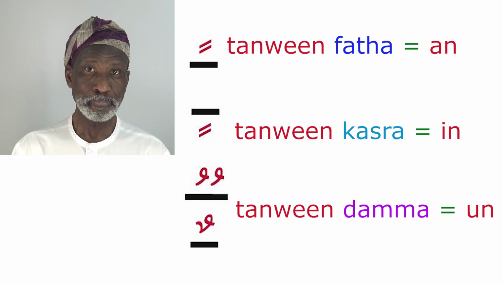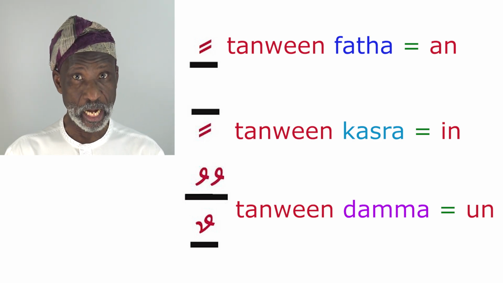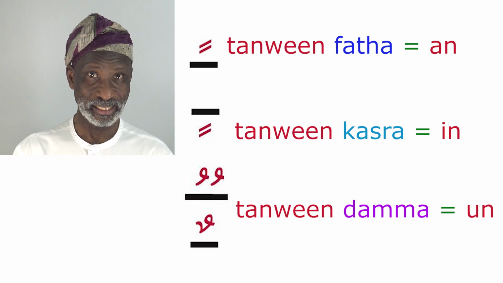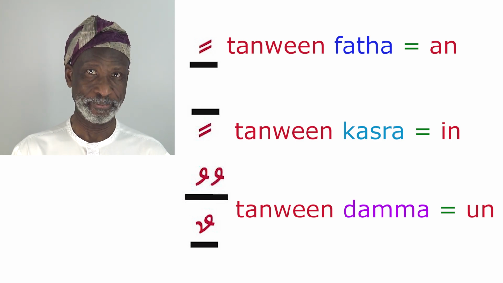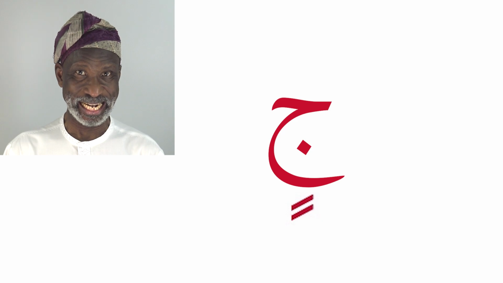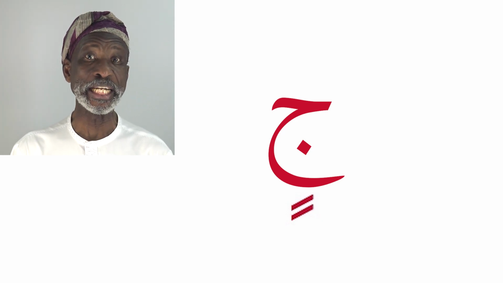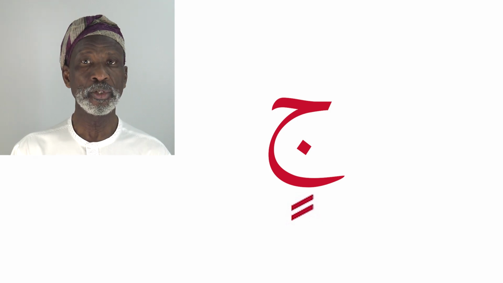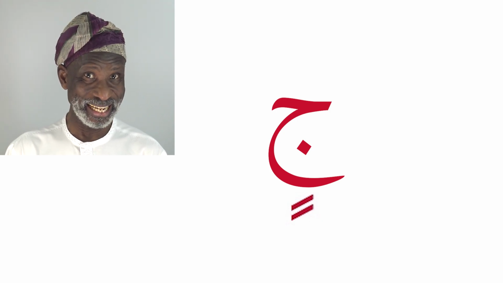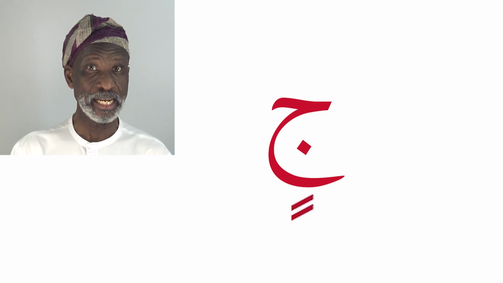Now, let's practice this by placing them on top or below the letters as appropriate. Let's try the letter Jim. Let's put two kesra under the Jim, and it becomes in. We blend the beginning of the name of the letter with the in sound.